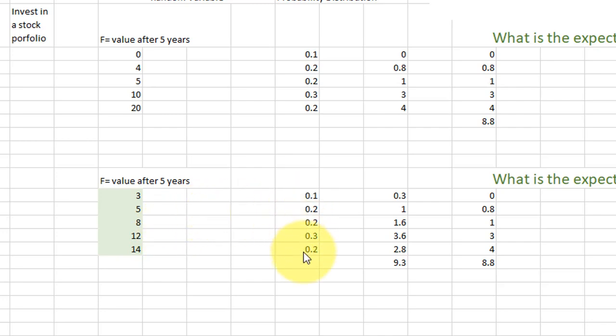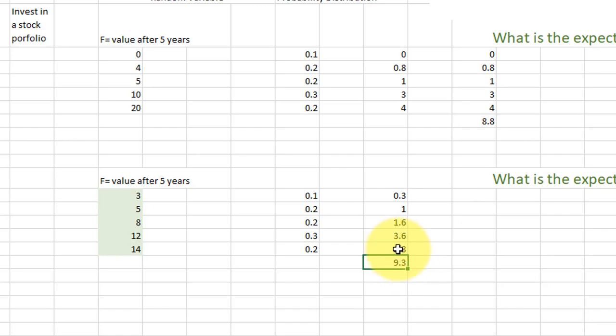We could change these probabilities, but let's just leave them. We're just making up an example. And now we do the calculation. This is the automatic calculation. This is the old calculation, so it's not related. And now we can see that for this one the expected value is 9.3, whereas for the first one we did, the expected value was 8.8. So this one has a higher expected value.